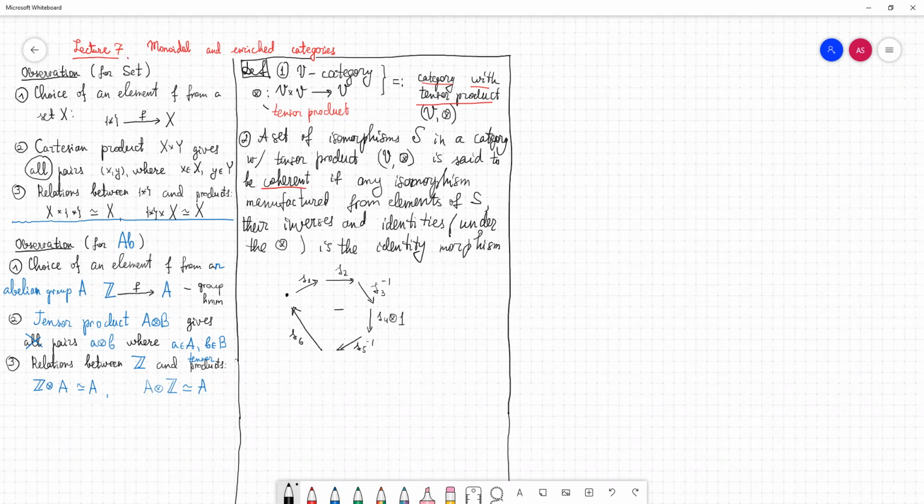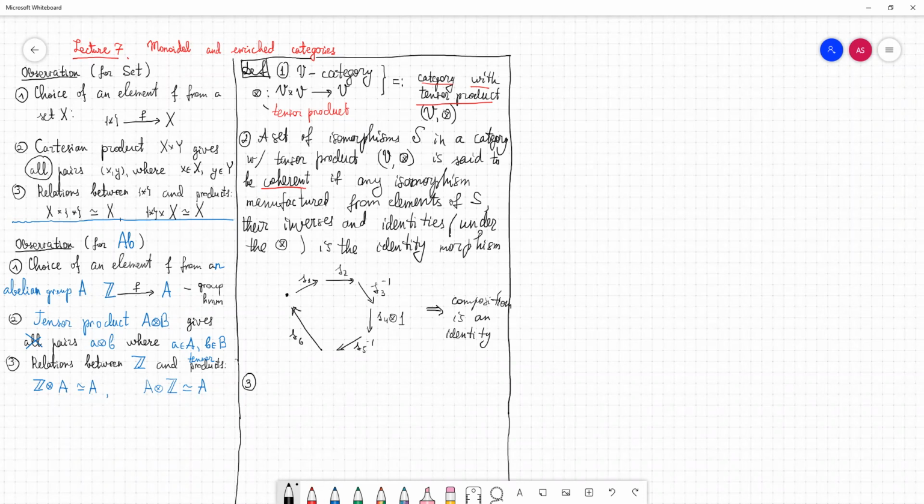If we have such a diagram, and all these S's belong to S, then from this it will follow that this composition is an identity. So the automorphism manufactured from elements of S, their inverses, identities, and tensor product is an identity. Such a set of isomorphisms will be called coherent. It's a very general definition.